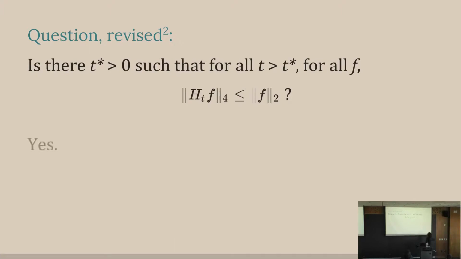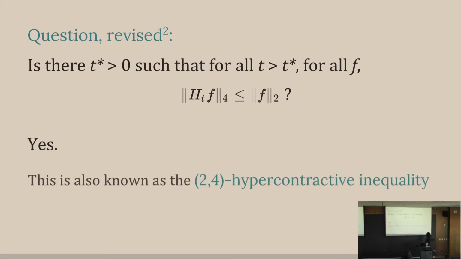And it turns out that, yeah, we actually can, and this is called the hypercontractive inequality. This 4 to 2 thing is why it's called hypercontractive, because it not only contracts when you go from the 2 norm to the 2 norm, it also contracts when you go from the 2 norm to the 4 norm, which is a bigger norm than the 2 norm. Yeah, any questions so far?